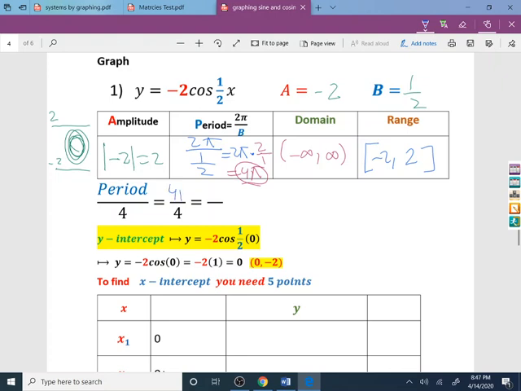4 pi over 4, right? Then pi over 1, which is pi. Okay, get it guys? Then you plug x equals 0, -2.